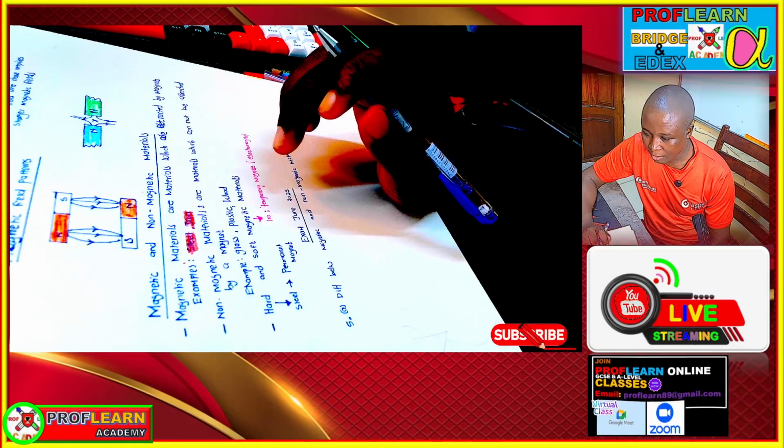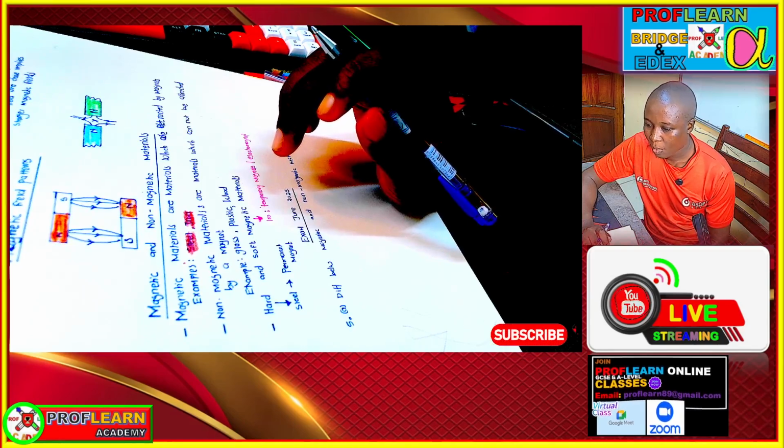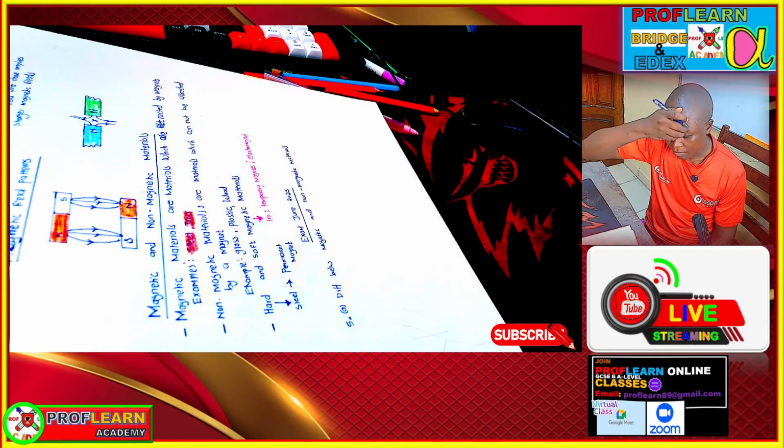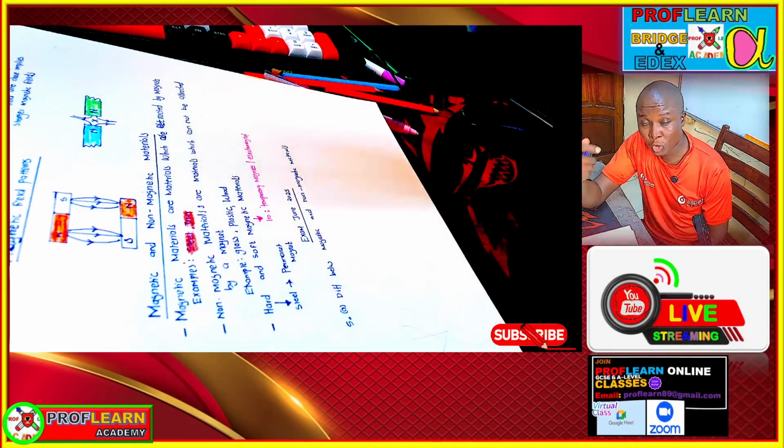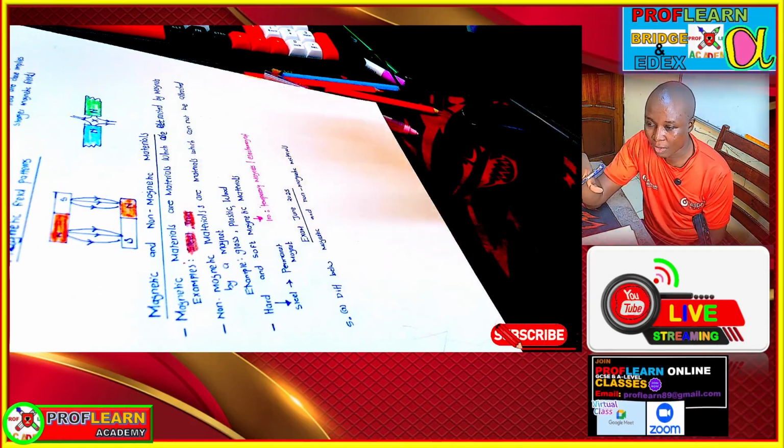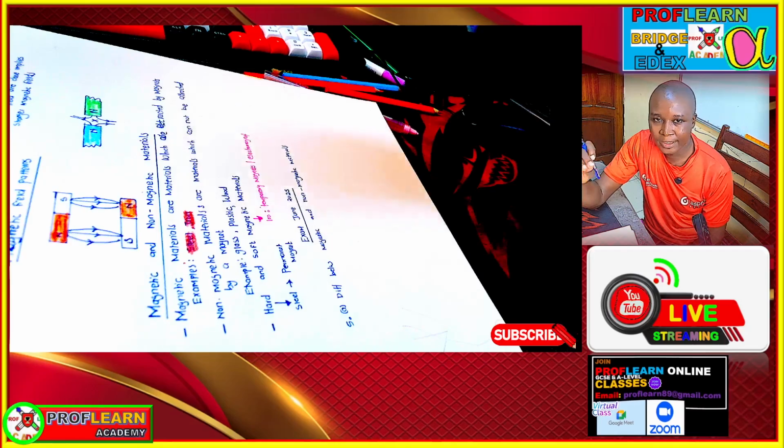Suggest a suitable material for the magnets in the window cleaner and explain your answer. Why? Steel should be used because in this particular question, the window cleaner contains two magnets, and these have to be permanent magnets, right?